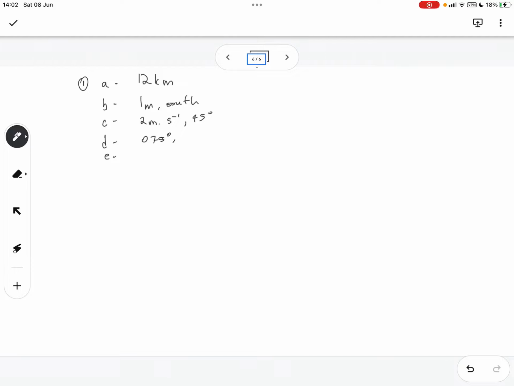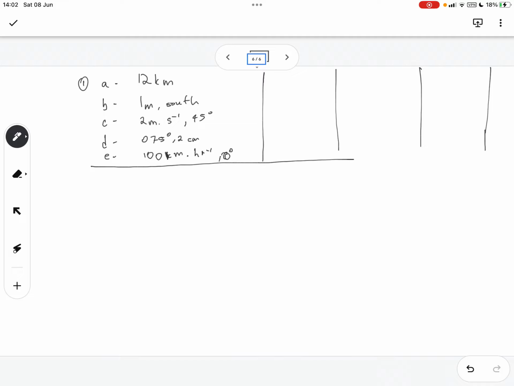We've got 1 meter south. We've got 2 meters per second at 45 degrees. We've got 2 centimeters at 75 degrees north. And we've got 100 kilometers per hour at 0 degrees.